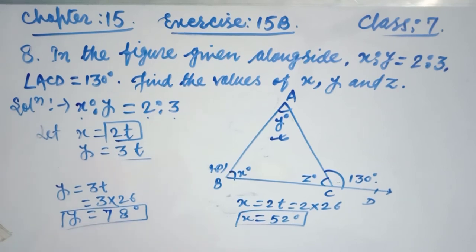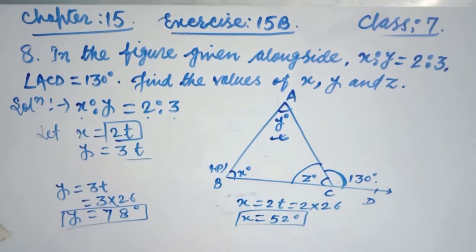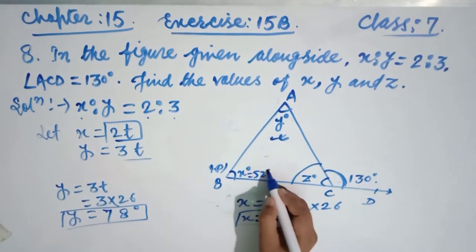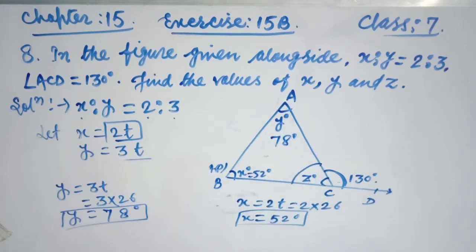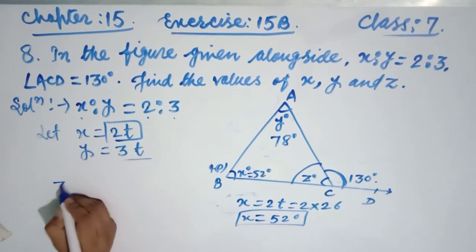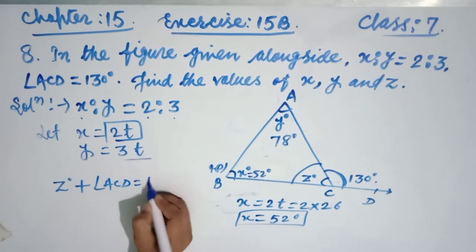Okay, friends, now how can we find z? Very simple: this angle z plus this angle is equal to 180 degree. So z plus angle ACD is equal to 180 degree.